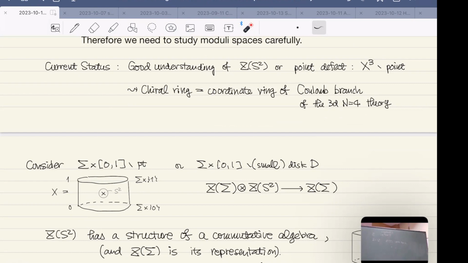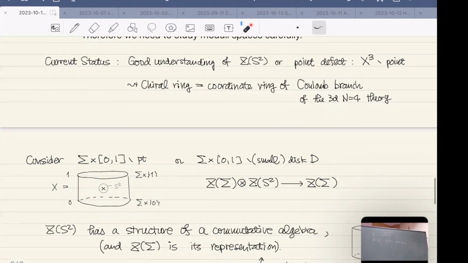For this construction, you consider this picture. Take Sigma, and we take a very simple three-manifold: Sigma cross interval, and then, as I did here, I remove a point. So this is the picture. Sigma cross interval, and I remove a point.